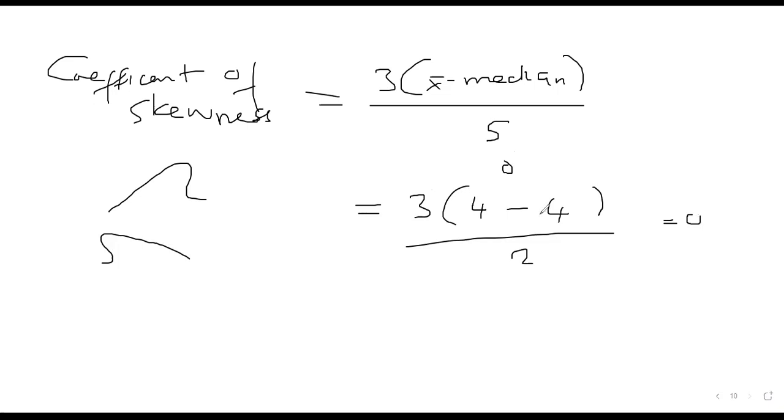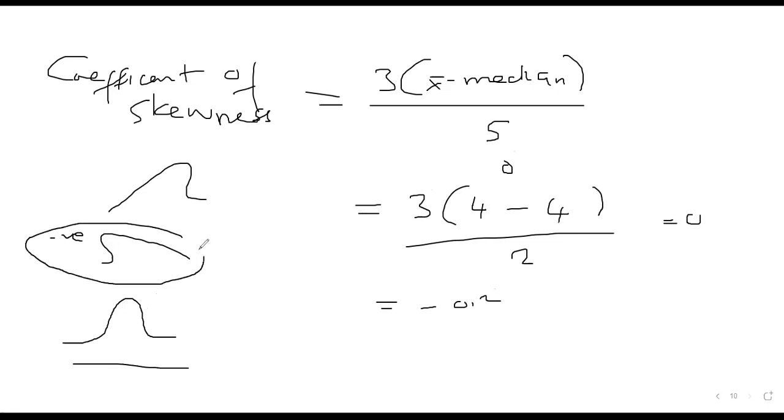So if our coefficient of skewness is 0, it means it is normally distributed. It's 50-50. The left side and the right side are equal. If you got, for instance, negative 0.2, you would say that our distribution is negatively skewed, meaning a lot of people may have failed if we're dealing with a pass mark. Or if you're dealing with gender, females on the left and males on the right, if it's skewed to the left, you have more females than males.